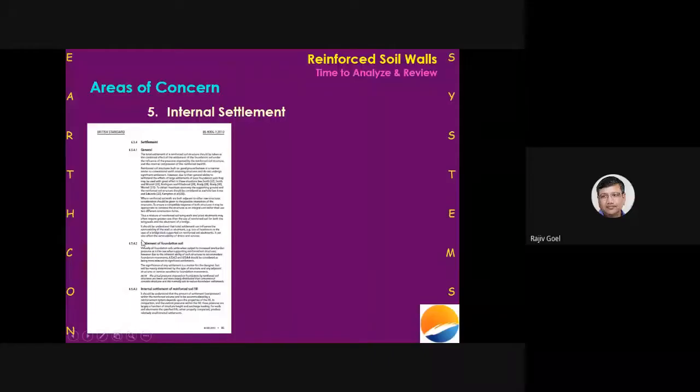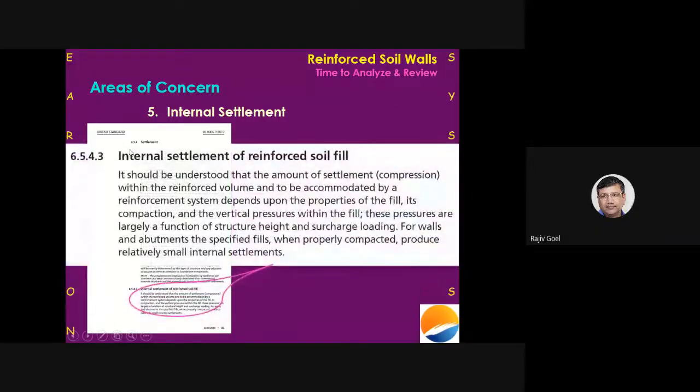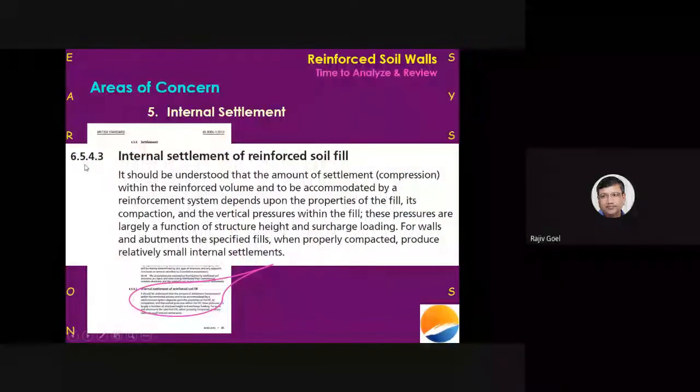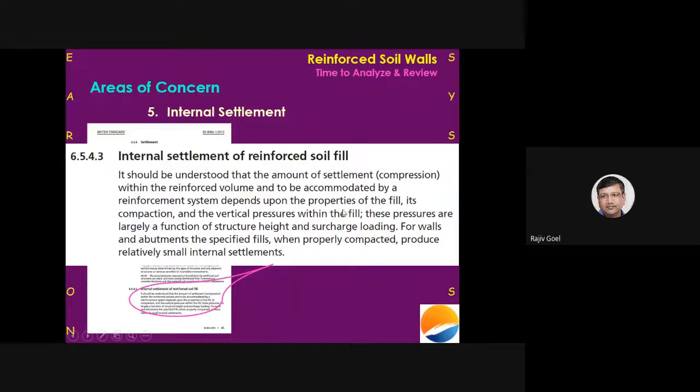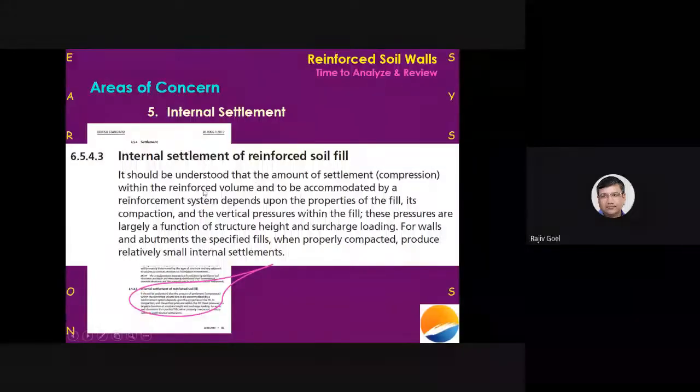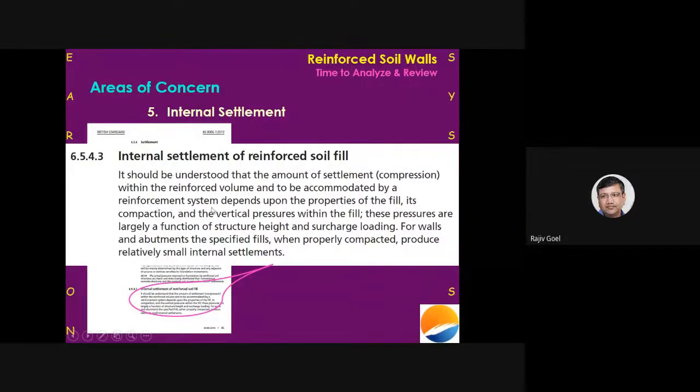There are codes available which tell you how much internal settlement can be allowed. BS 8006, clause 6.4.3, very clearly says that it should be understood that the amount of settlement compression within the reinforced volume and to be accommodated by a reinforcing system depend upon the properties of the fill, its compaction, and the vertical pressure within the fill.